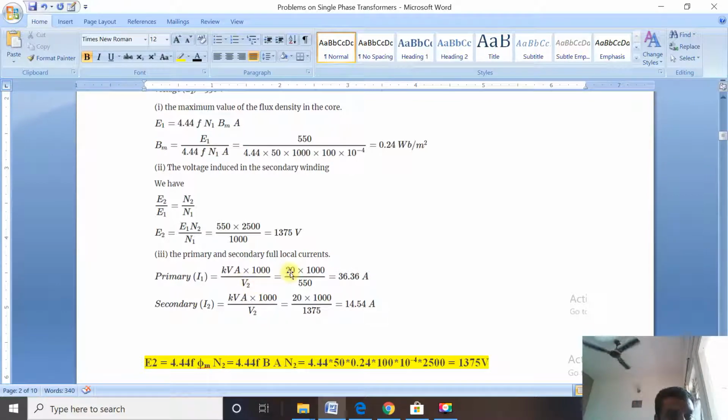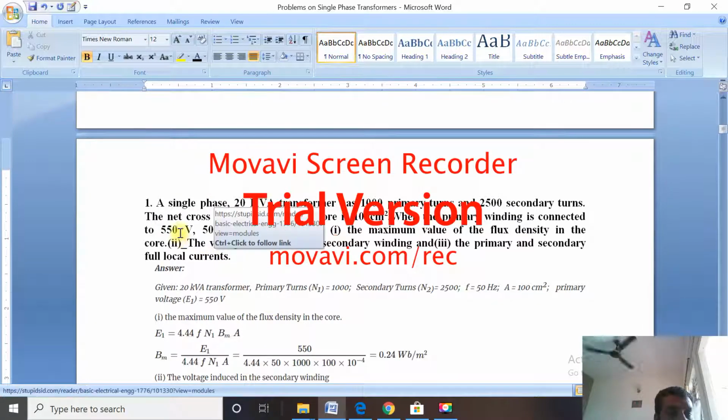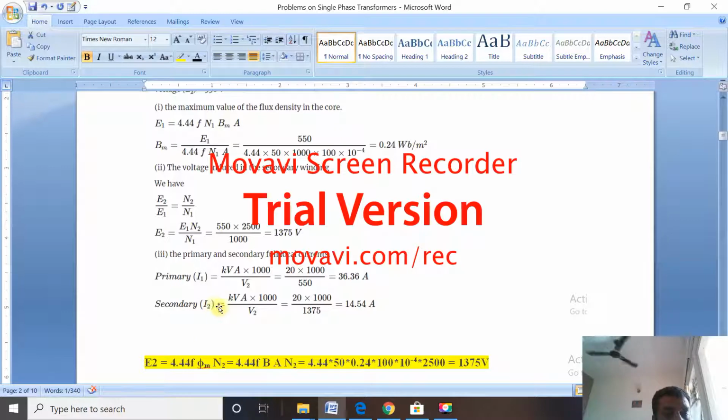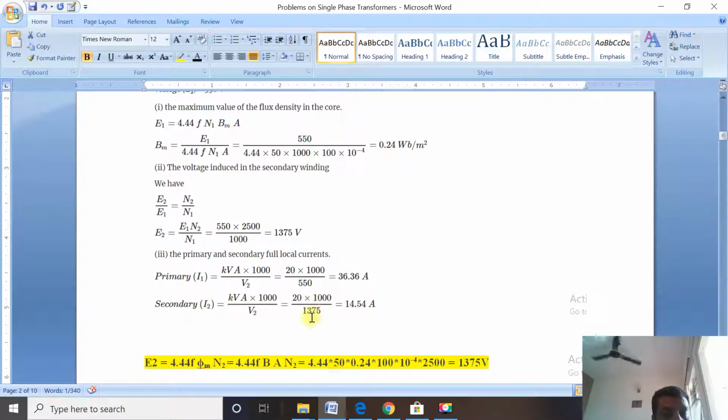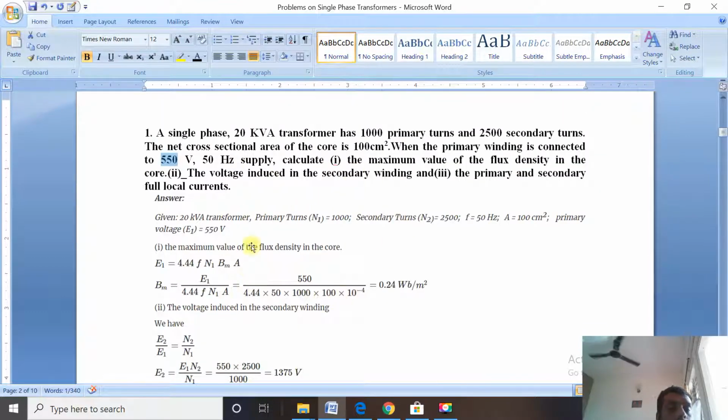So kVA is 20, into 1000, divided by V1, which is 550, the primary voltage. And my secondary I2 is equal to kVA into 1000 by V2, so 20 into 1000 by V2, and V2 is what we just calculated, 1375. You will get these two currents. So this is how you are supposed to calculate the problem.